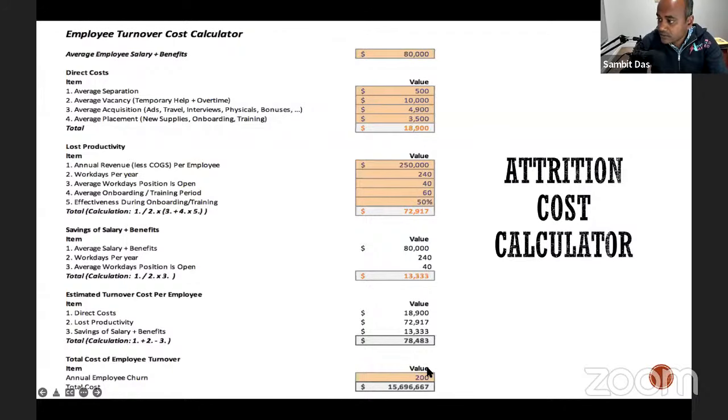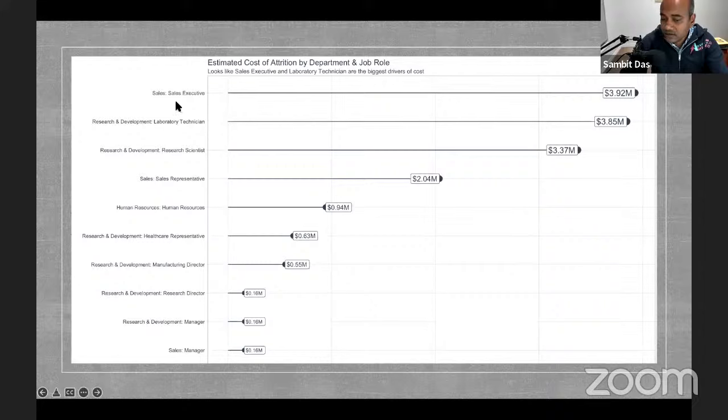Using that, you derive, for every employee, how much the company loses when they lose one person. Then you use that data and plot the attrition numbers, right? Number of people leaving in the sales department, let's say 30 people, and with one person leaving, how much the company loses. That's how you do the formula and do a cost of attrition modeling.